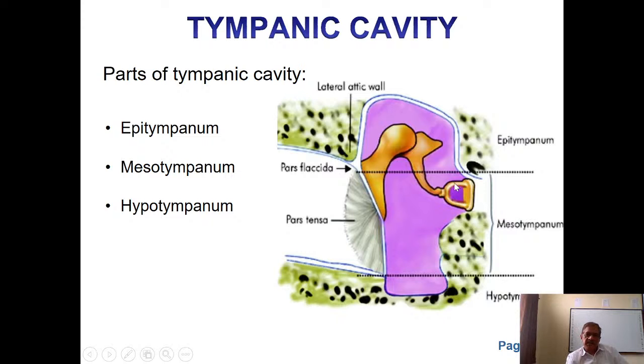And the stapes has got the head, the neck, the anterior and posterior crura, and the footplate. This is in general the structure of the three bones, the malleus, incus, and stapes. So the main content is the air, and you have three bones.